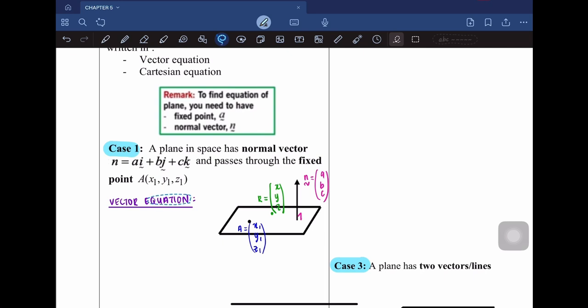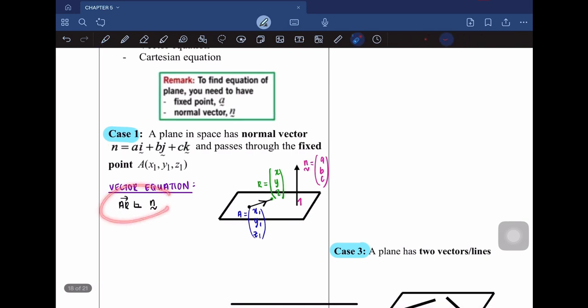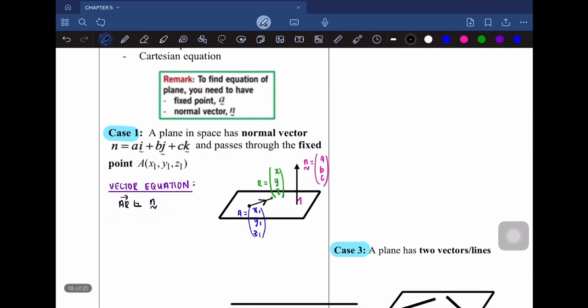Looking at our diagram, we can conclude that the vector AR, which is on the plane, is perpendicular to vector n. Remember that if two vectors are perpendicular to each other, their dot product is 0. So AR dot n is equal to 0.